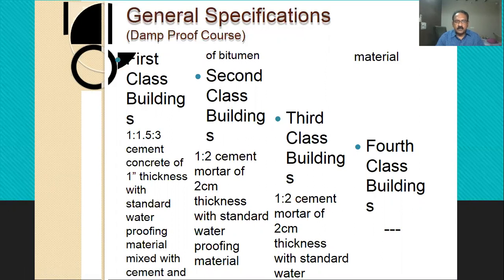I will show the next figures, and what the DPC is, why we are going to provide DPC, and the plinth beam. Second class buildings, 1:2 mortar with 2 centimeters. In third class buildings, 1:2 cement mortar, 2 centimeters. In fourth class, there is no DPC.